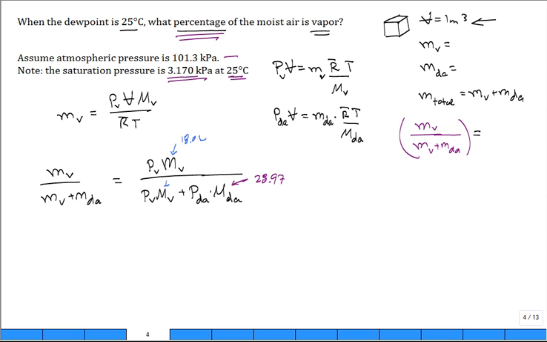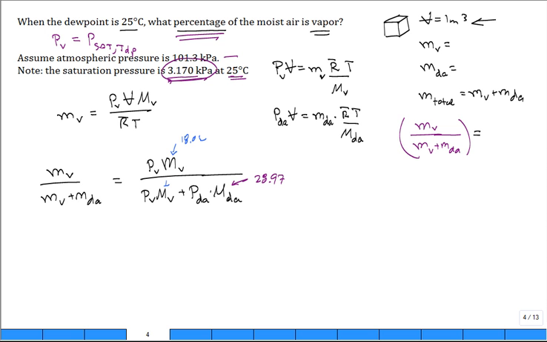But we need to get the partial pressure of the vapor. Well, it said that the dew point temperature is 25 degrees C. Isn't the equation for the dew point temperature that the partial pressure of the vapor currently in the moist air mixture is equal to the saturation pressure at that dew point? So we look up the partial pressure. Well, it's given right here. The saturation pressure is 3.17 kilopascal.